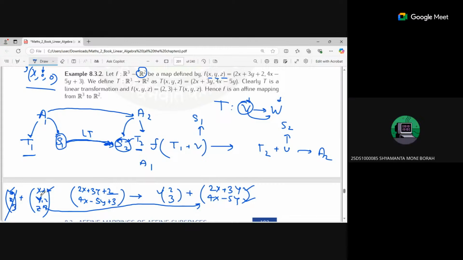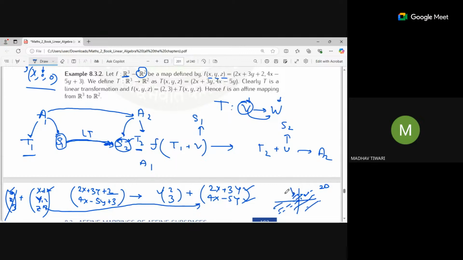But when it is R3, in the domain mostly we don't need to remove, because suppose this is my space, a complete two-dimensional space I am taking. Suppose I translate this point to here, and the point that is here I will translate it here. So this complete space is translated somewhere there like this.